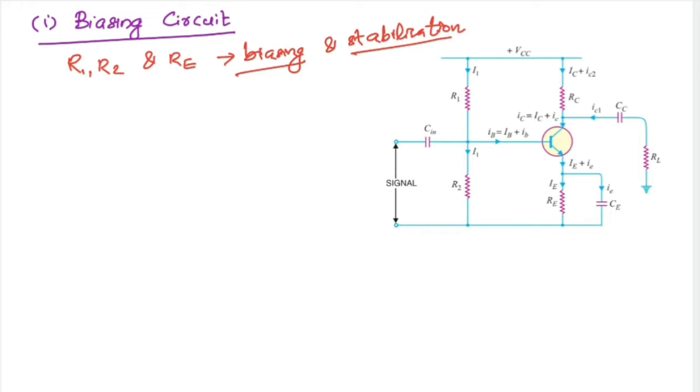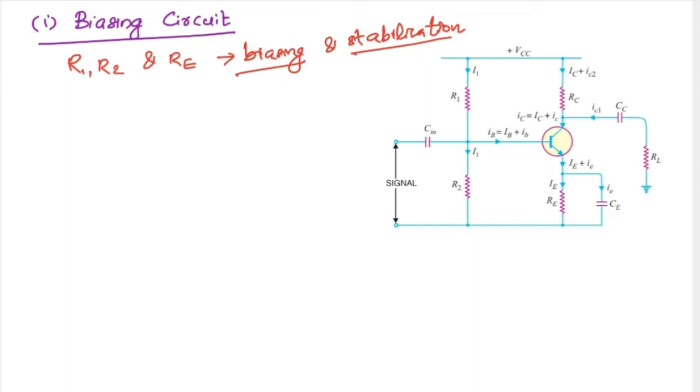What will happen if the operating point is not fixed, or if biasing is not proper? Then the operating point will fluctuate, and as a result it will not give faithful amplification. So for faithful amplification, the biasing circuit should be proper, so that the proper operating point is achieved.